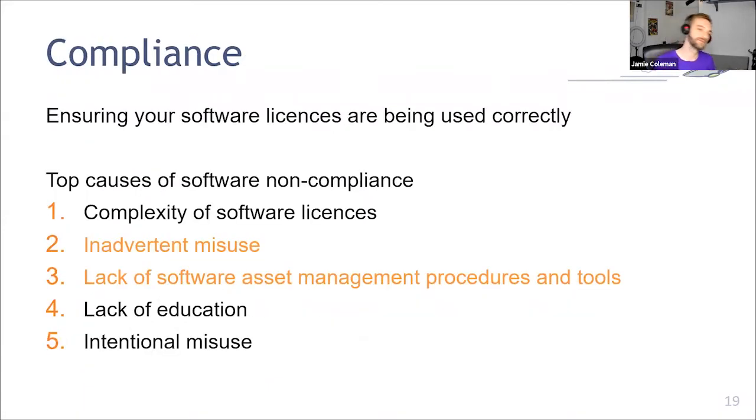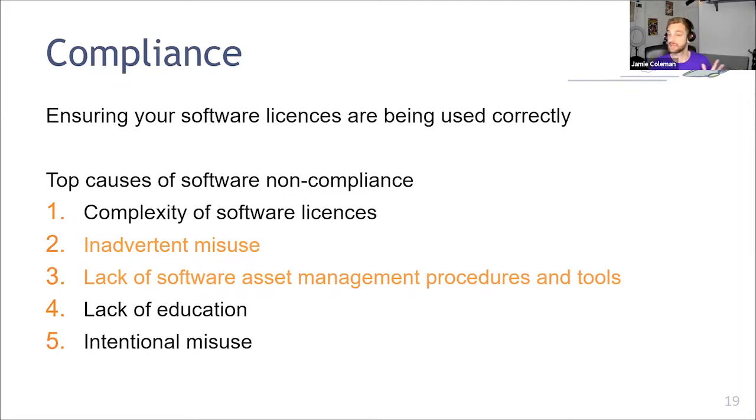So some of the main things that build packs help with: compliance is a good one, essentially assuring that your licenses are being correctly used. Some of the top reasons for non-compliance are generally complexity of software licenses, inadvertent misuse, lack of software asset management procedures and tools, lack of education, or just internal misuse.